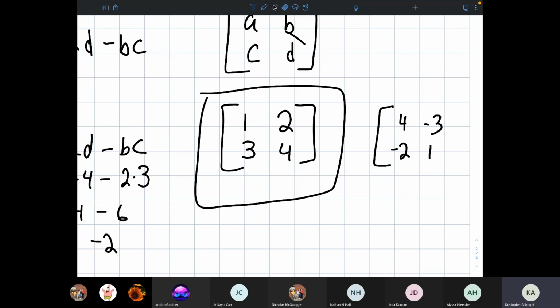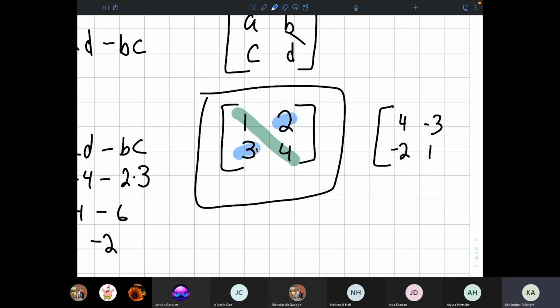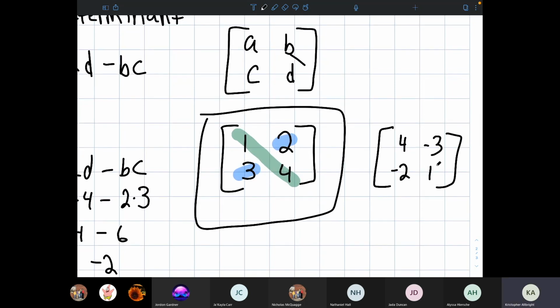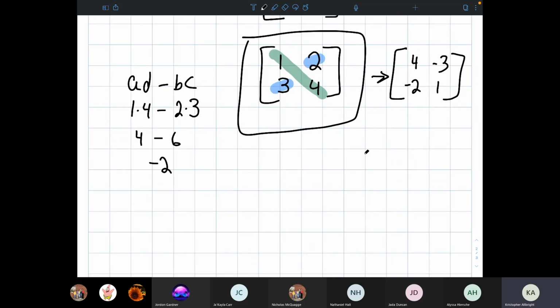So you flip everything on the main diagonal, and then you turn everything else negative. And we end up with the inverse of this matrix right here. And we know that because we found out if it was invertible by doing this.